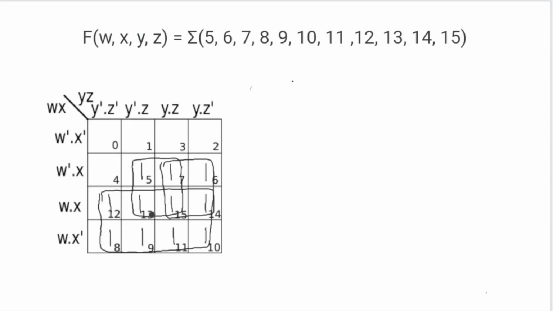So I'm calling this quad, that is 5, 7, 13, 15, as quad 1. M5 plus M7 plus M13 plus M15. And in order to reduce it, we'll first concentrate on the left hand side. Here W is changing the state, X is same, so we'll take X. And on the top, Y is changing the state, Z is same, so we'll take Z. Let's move on to the next quad, that is this one.